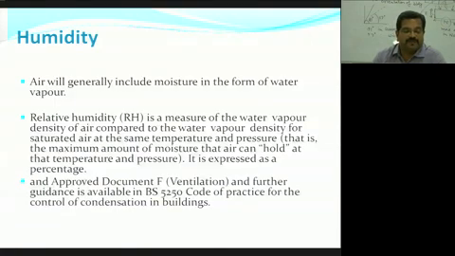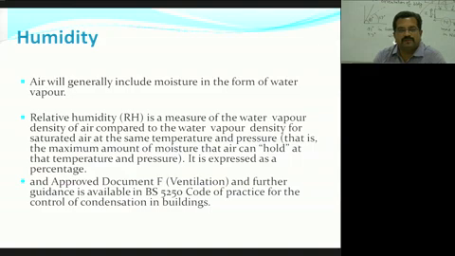So one of the major aspects of HVAC is to provide comfortable air at a comfortable temperature, which I earlier mentioned as 22 degrees centigrade, with a proper amount of humidity in that air.